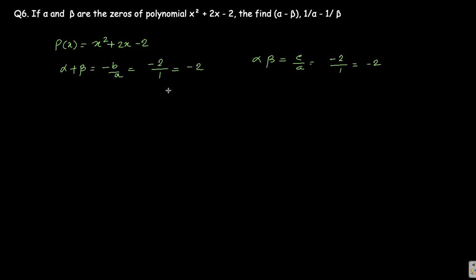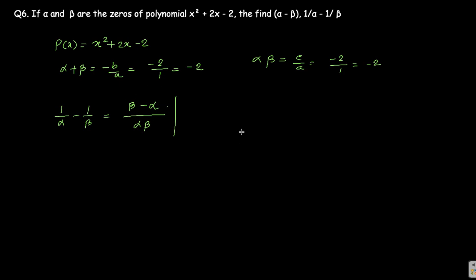Okay, so we can find 1 by alpha minus 1 by beta. We can simply subtract: it is beta minus alpha by alpha beta. We cannot put beta minus alpha directly because we don't have this term.